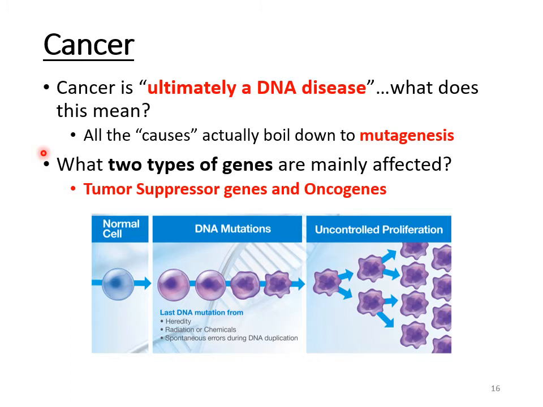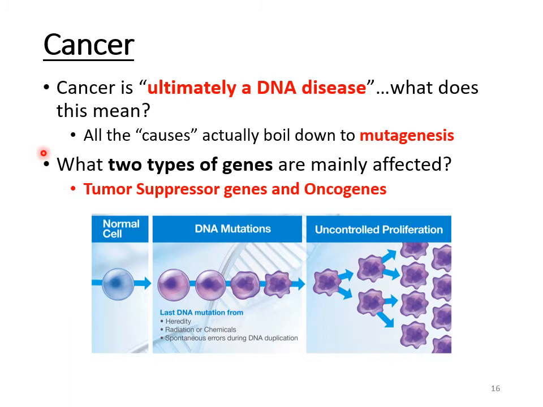Okay, so those 2 types of genes that we're going to go more into detail in the next slides, basically tumor suppressors, they're genes that make proteins that are supposed to stop cells from dividing and stop cells from growing. And so if you have a mutation blocking those, now the cell will keep on growing, keep on dividing because it loses its stop protein.